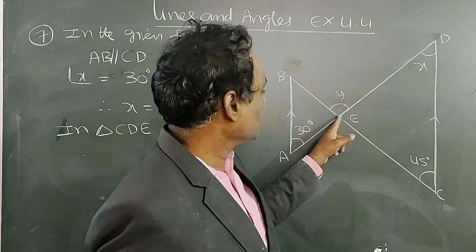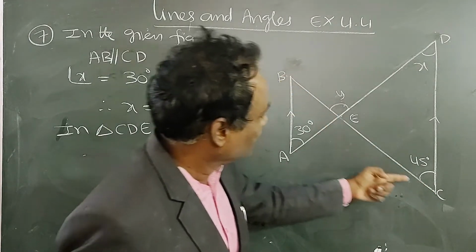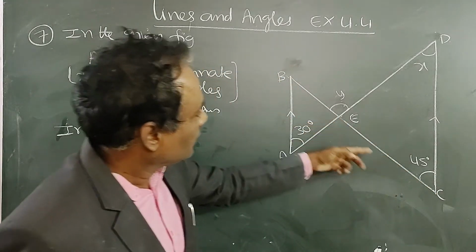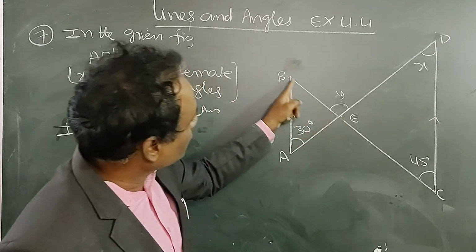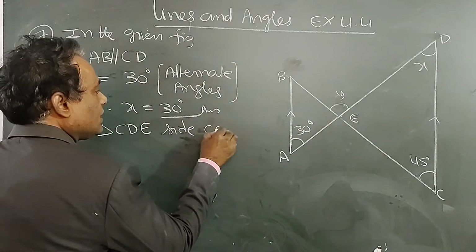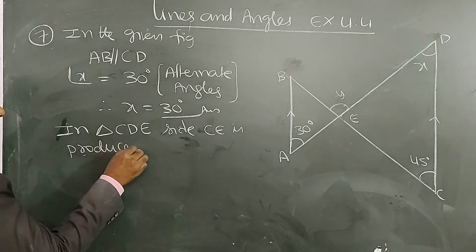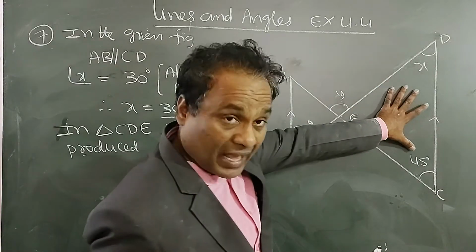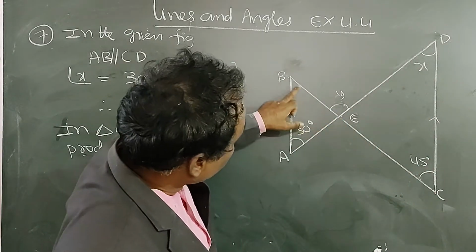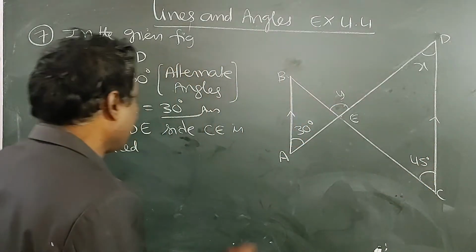This side is produced. CE is produced to B. In this triangle, this side is produced. If one side is produced, the exterior angle is equal to the sum of two interior opposite angles.